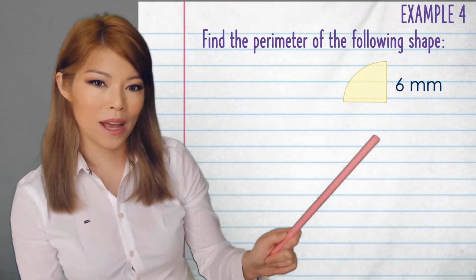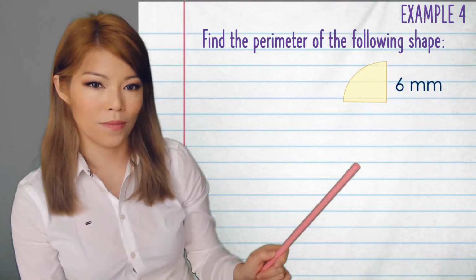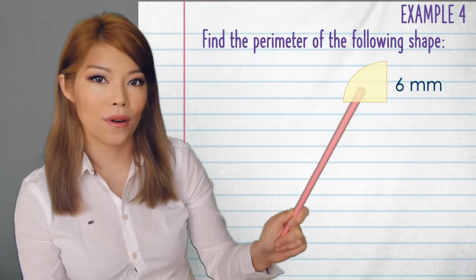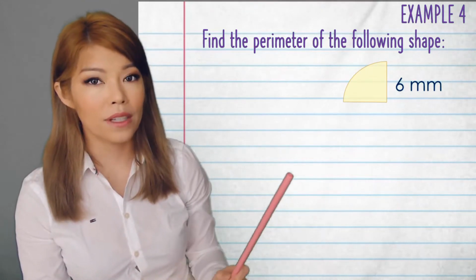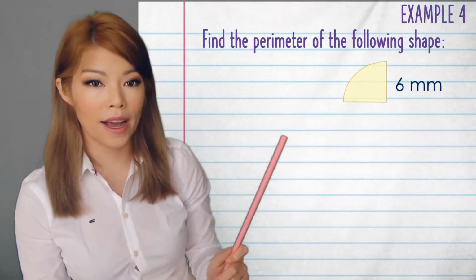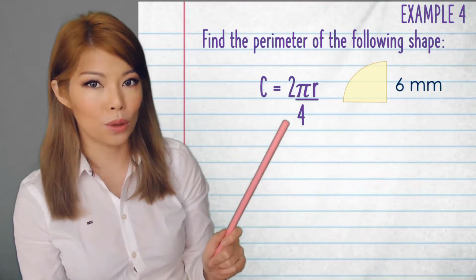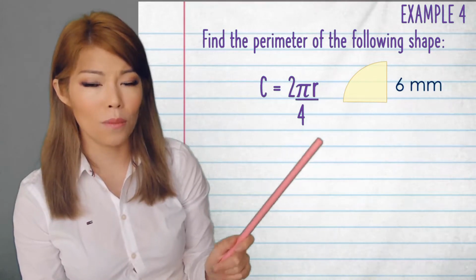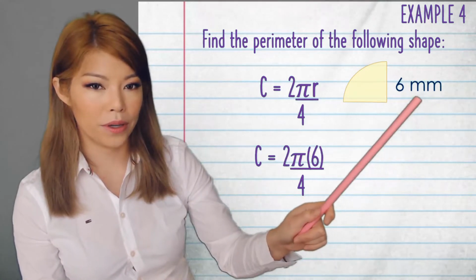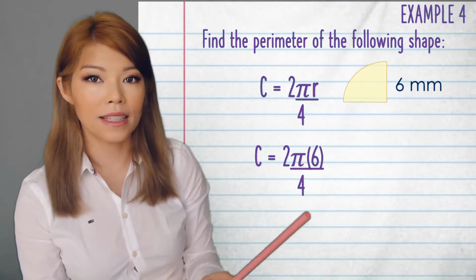Example 4, here we have just a quarter of a circle. Now the 6 there is the radius, so we can use the circumference of a circle is equal to 2 pi r. And because we have a quarter, we have to divide by 4, so 2 pi r over 4. I won't bother simplifying this. I'm going to put 6 as the radius and then I simplify.